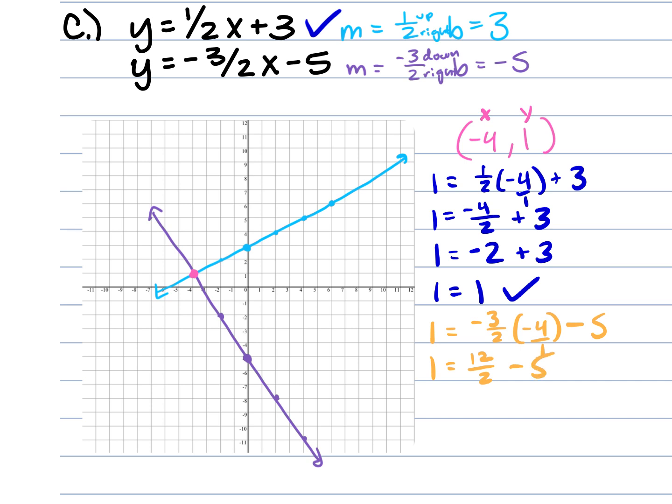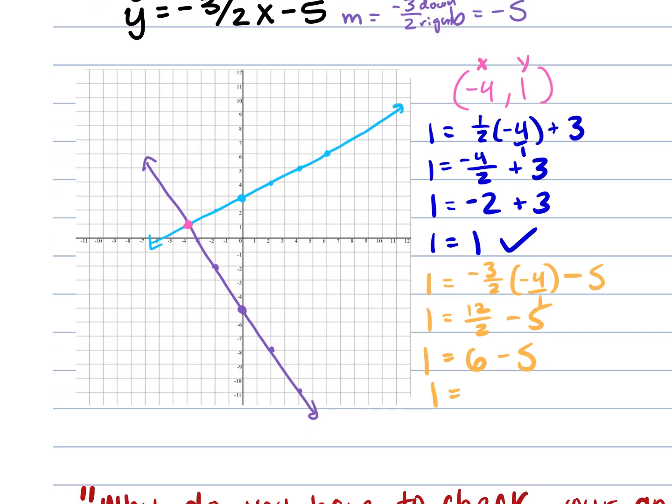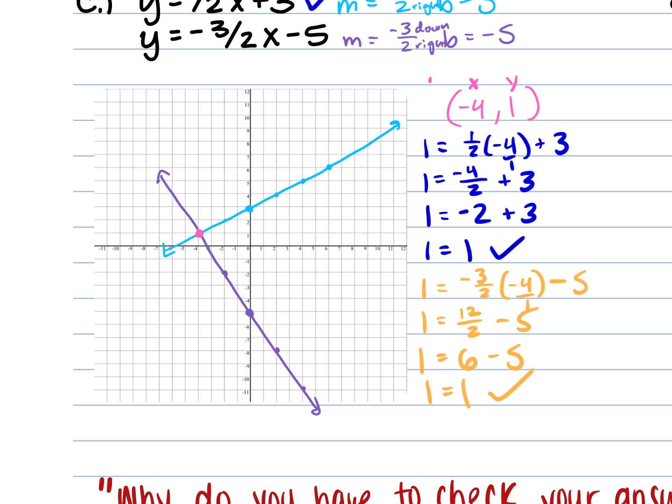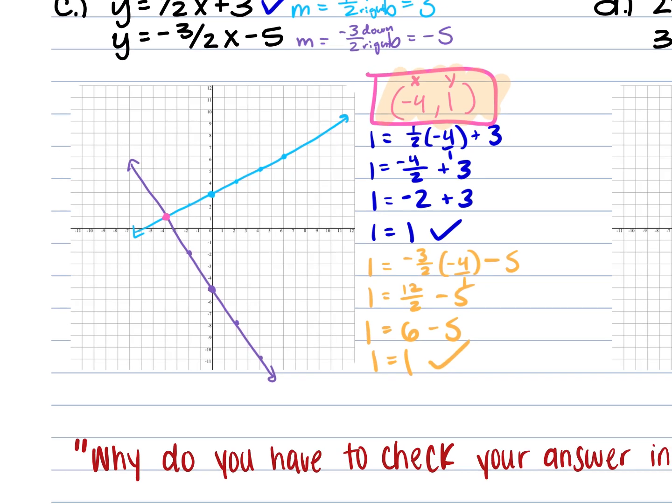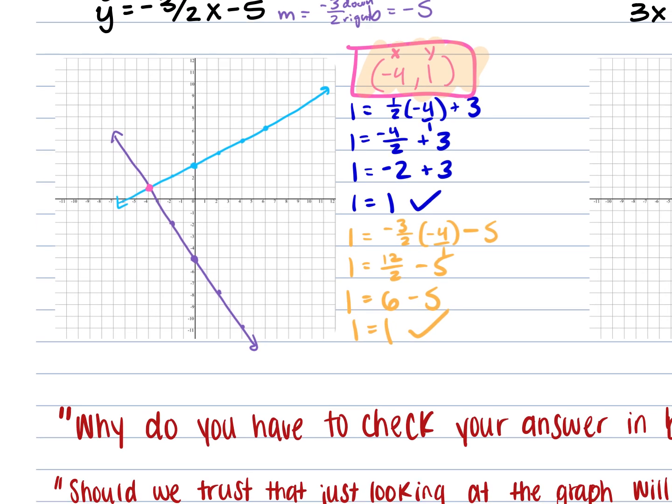What does 12 over 2 simplify to? 6. And what's 6 minus 5? 1. Does 1 equal 1? Yes. So is negative 4, 1 a solution? Yes. So that is our answer. So all of this work below it is just checking the answer.